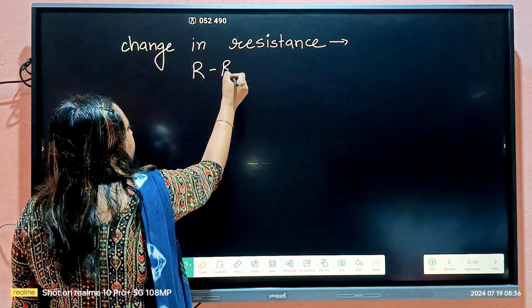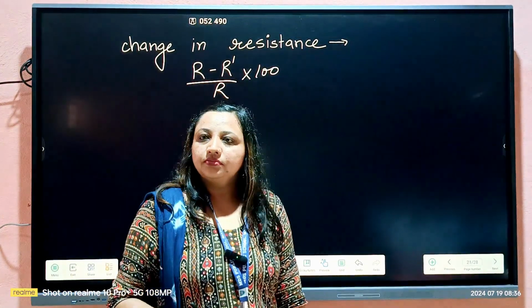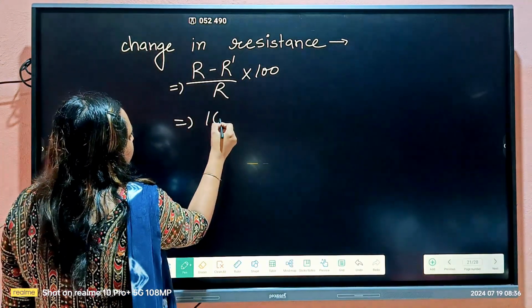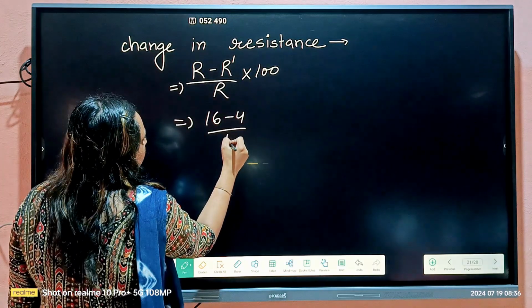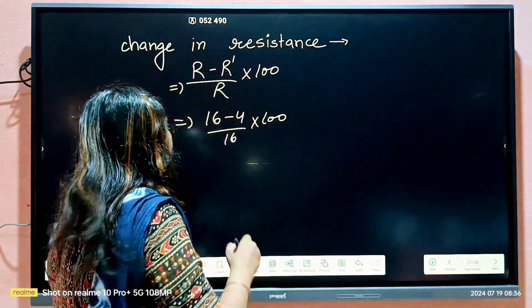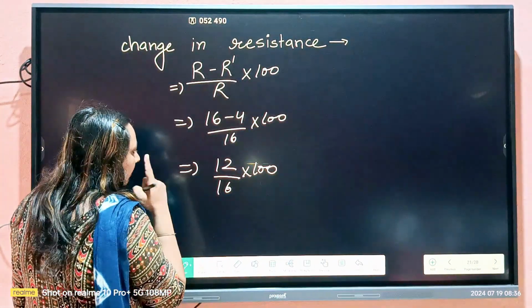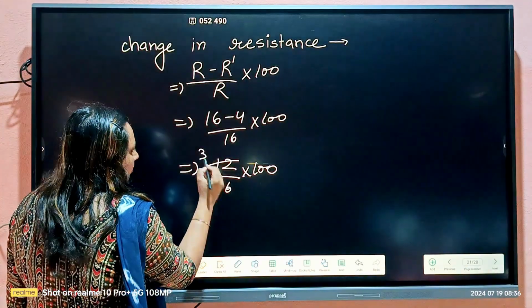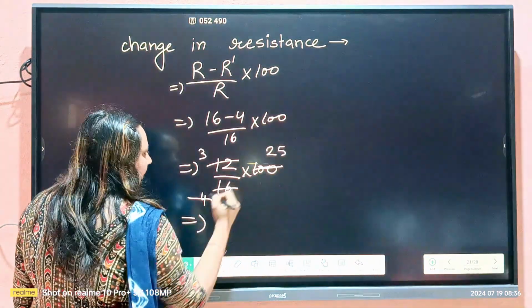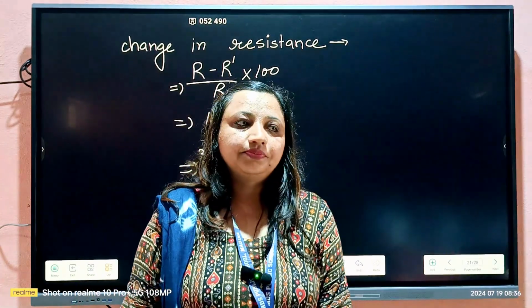So R minus R dash upon the original into 100. Right? So what is the change? 16 minus 4 upon 16 into 100. Calculate it. 12 upon 16, 3 upon 4 will be 75. It's a 75% change, right?